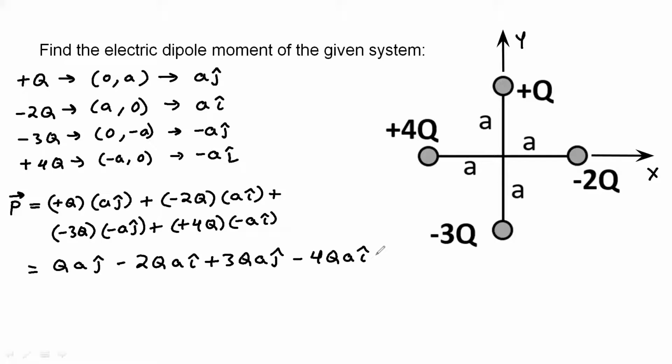All right. So this is going to be minus 6qa i cap plus 4qa j cap. So that is our dipole moment. Hope you understood this.